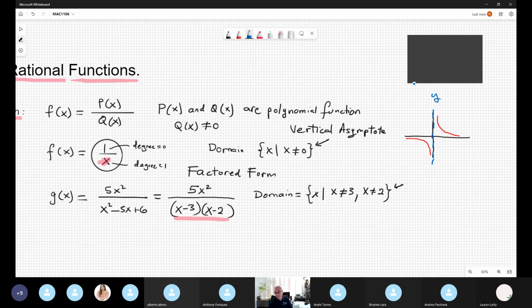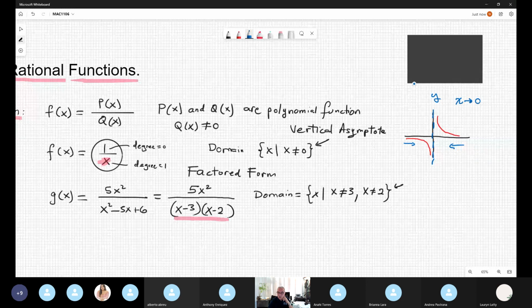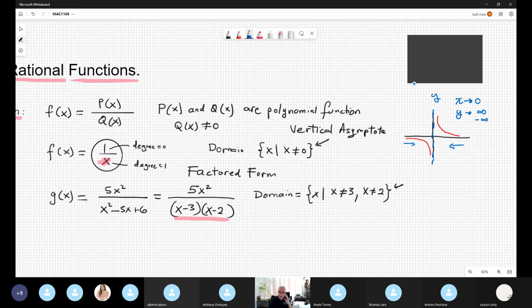When the x approaches 0, to the right or to the left, the y value of the function approaches positive infinity or negative infinity. When you approach from the right, it's positive infinity, because you see the y value increasing positive, like that.